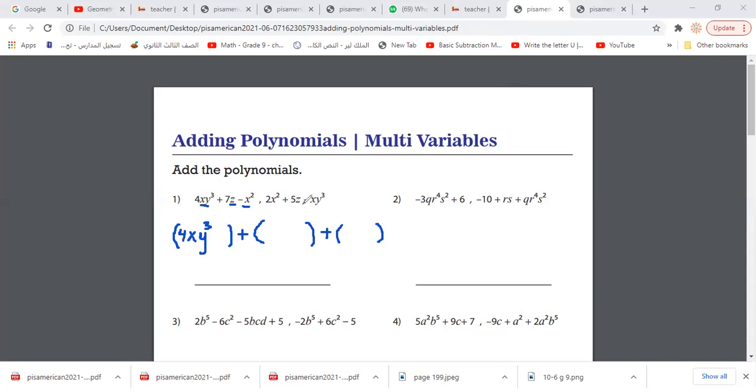Yes, this one, and we will use it with the negative sign before it: negative xy to the power of 3, and then we will close the parentheses. Now we have 7z. Do you have another z? Yes, 5z. Plus 5z.